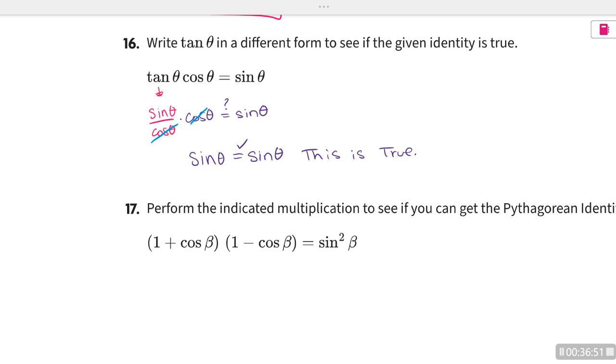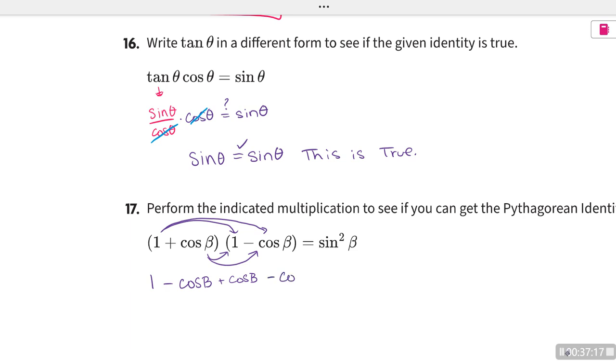Perform the indicated multiplication to see if you can get the Pythagorean identity for question 17. So let's multiply. 1 times 1 is 1. 1 times negative cosine beta is negative cosine of beta. And here we get positive cosine of beta. Right, we have a difference of squares here.